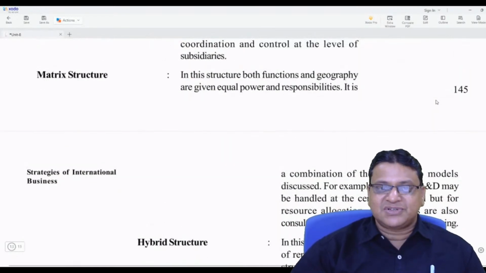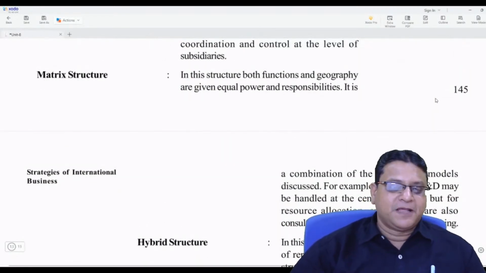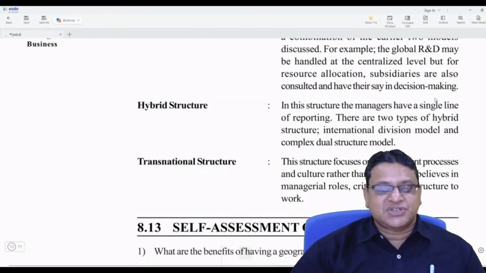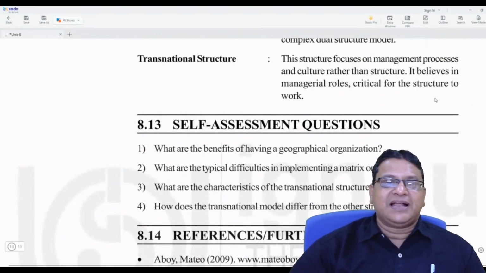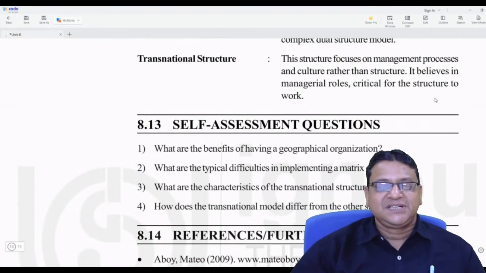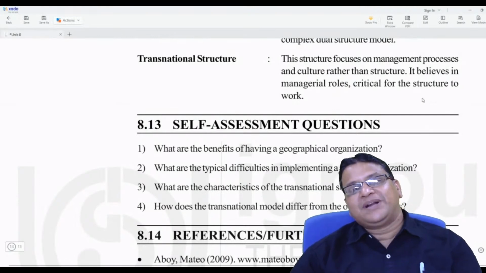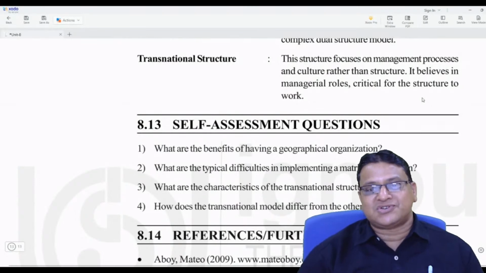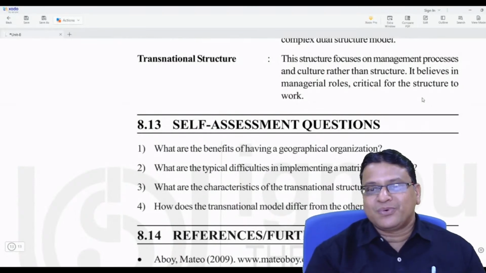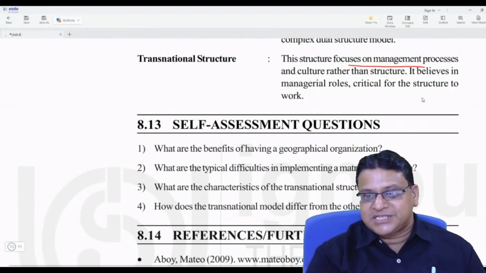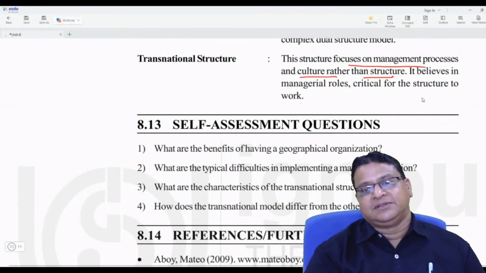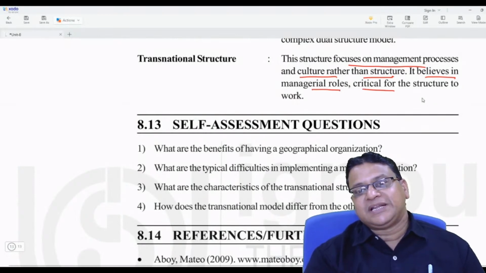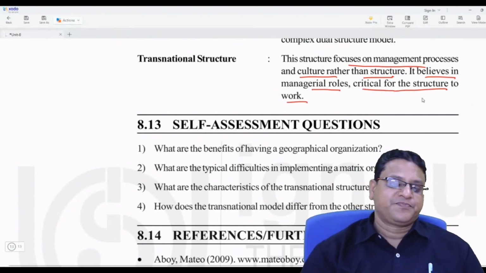What is matrix structure? It's a combination of functional structure and divisional structure. Hybrid structure we have discussed, and last we discussed transnational structure. What is transnational structure? It's a combination of all structures. This structure focuses on management process and culture rather than structure. It believes in managerial roles being critical for the structure to work.